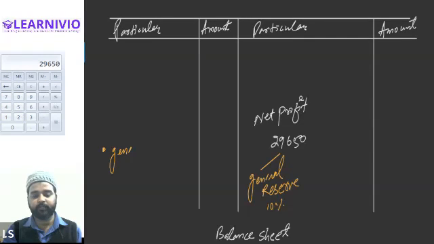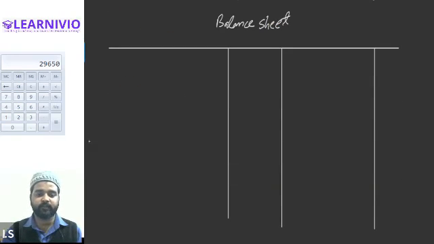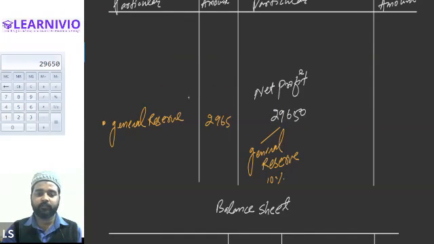General reserve should be recorded in the profit and loss account. General reserve, we will record it in the profit and loss account, 2,965. And after writing it here, we will again write down the general reserve in the balance sheet as well. You're getting my point? General reserve will be written here also. Okay. Then after writing the general reserve, we will reduce the amount of general reserve from the amount of profit.